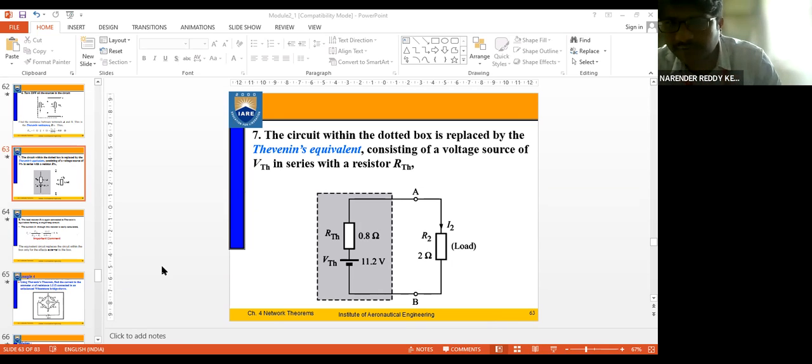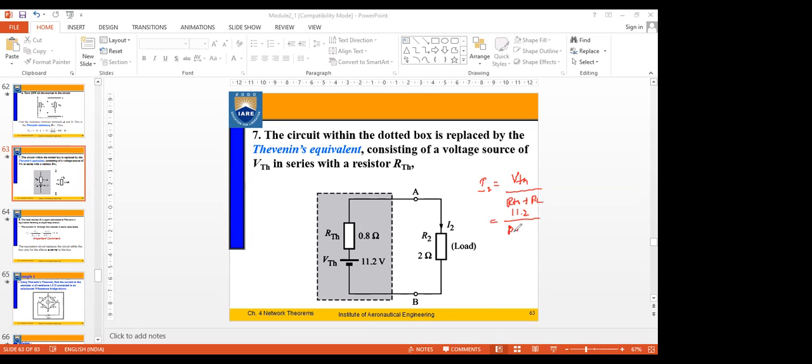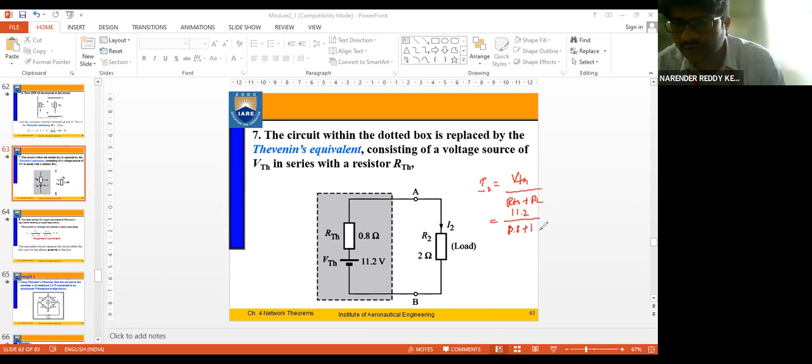What's the equation you can write for I2 here? I2 is equal to VTH by total resistance. What is the total resistance? RTH plus RL. So what's the value you are going to get? 11.2 divided by 0.8 plus 2 ohms.